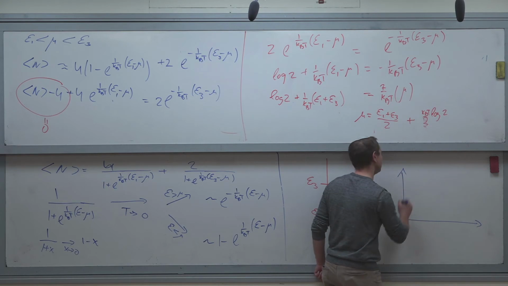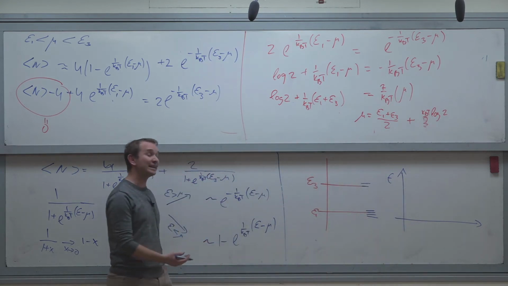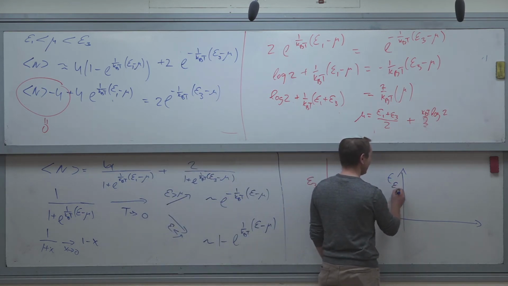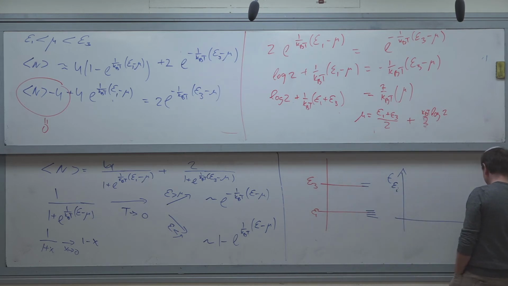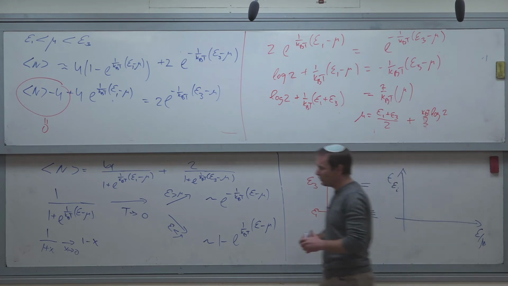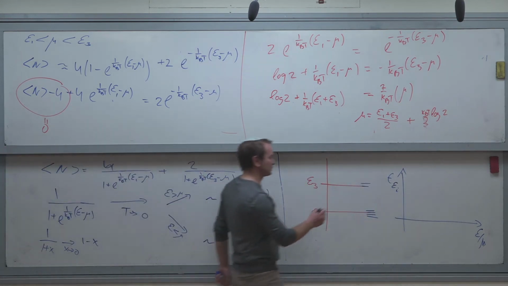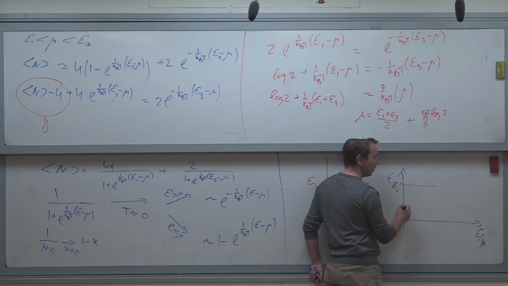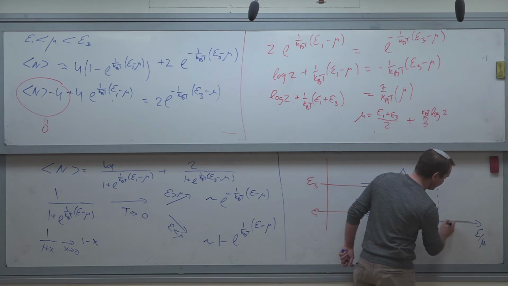When I plot the occupation, or any state, f of epsilon i divided by mu, I'm having that when T goes to 0, I will have a transition of 1 and 0.